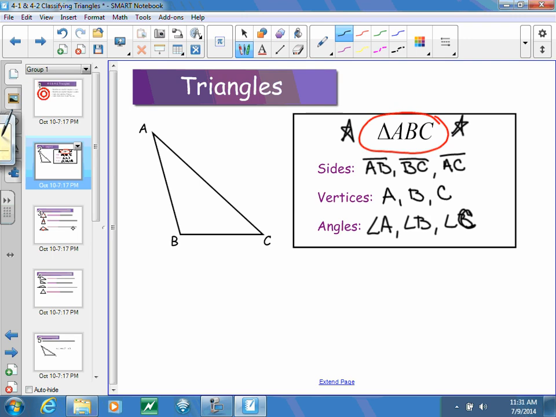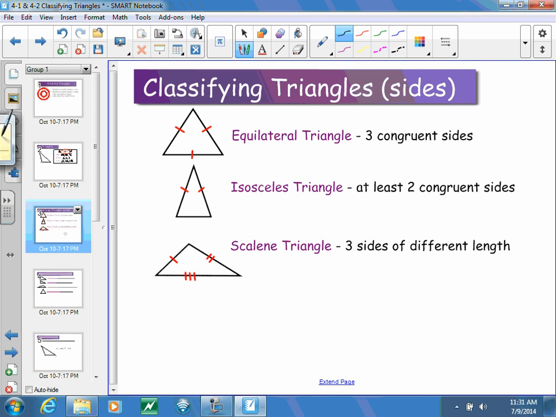But then we're going to go into classifying triangles, and you should be able to classify triangles both by its sides and by its angles. When we talk about classifying by its sides, we're talking about the three different types of triangles. Equilateral triangle, where you have three congruent sides. All three sides are the same. Isosceles triangle, where at least two sides are congruent.